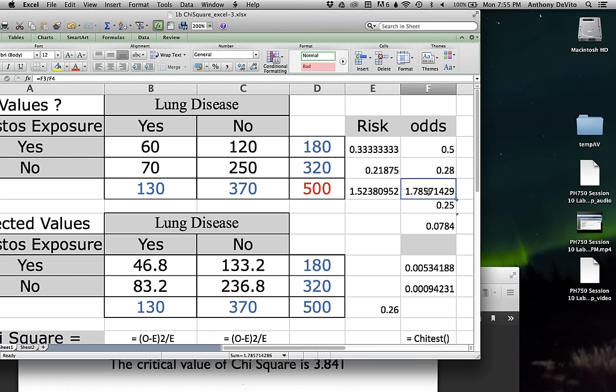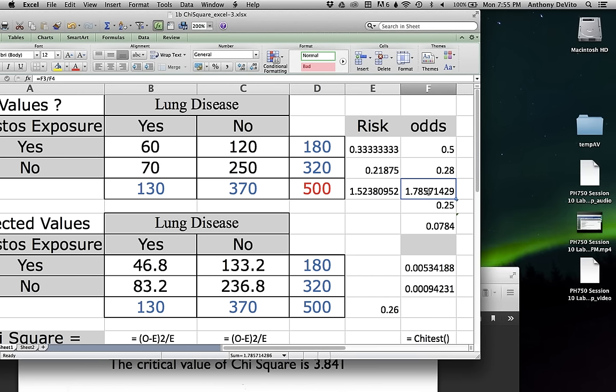But the question then becomes, is that 2.3 just by chance because of the kids that they sampled, or do we have a big enough sample to be able to say that it really is different than one?